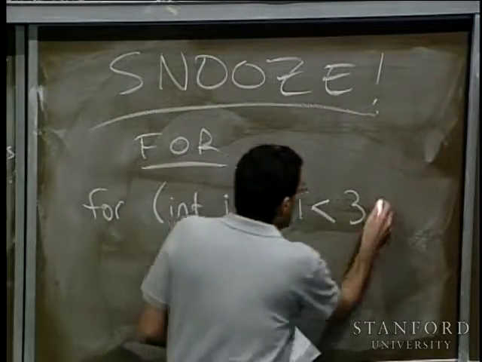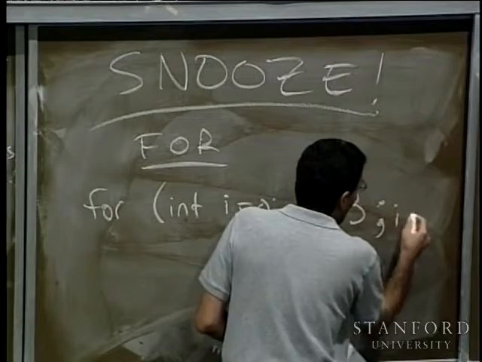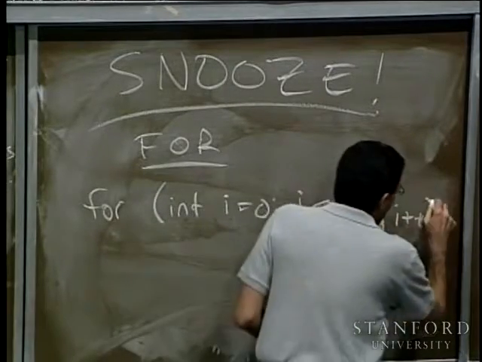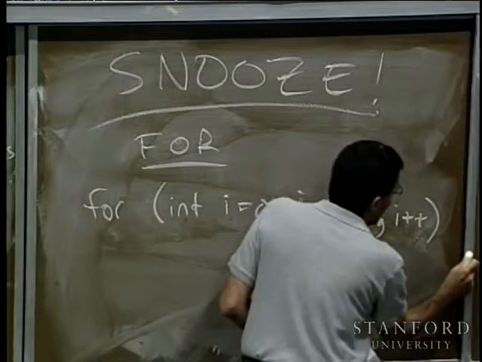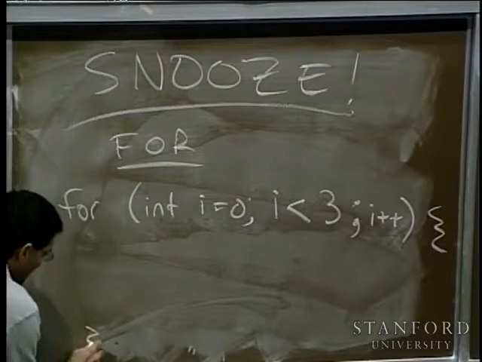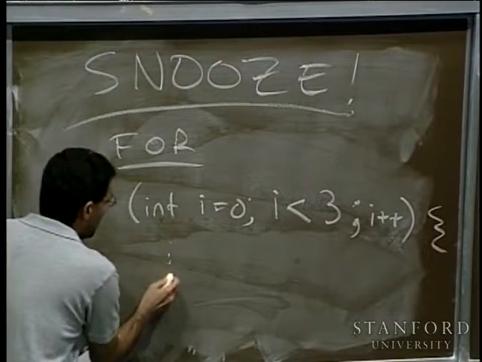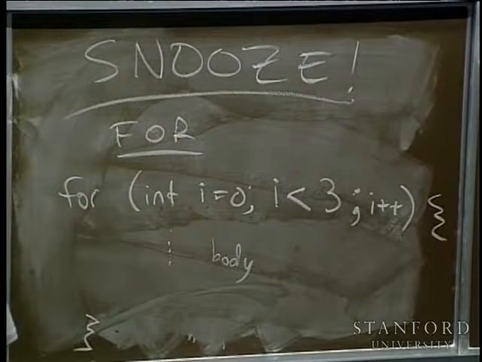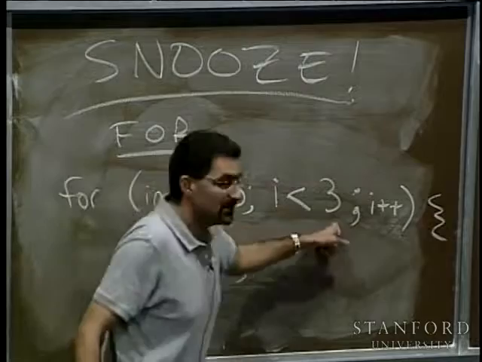Then another semicolon, then an i followed by a plus and a plus with no spaces, and then a close paren. After all that, you have an open brace, and a closed brace down here, and everything that goes here is the body of the for loop, and that body gets executed however many times you say here.